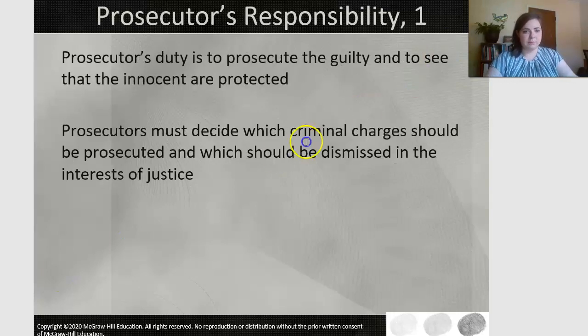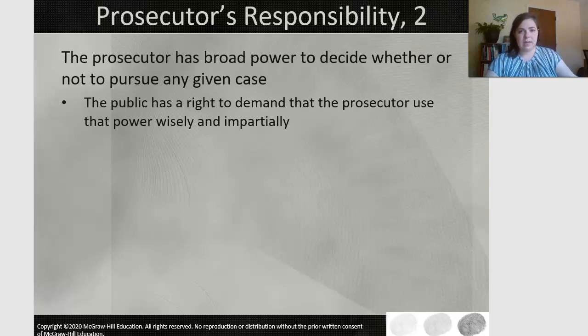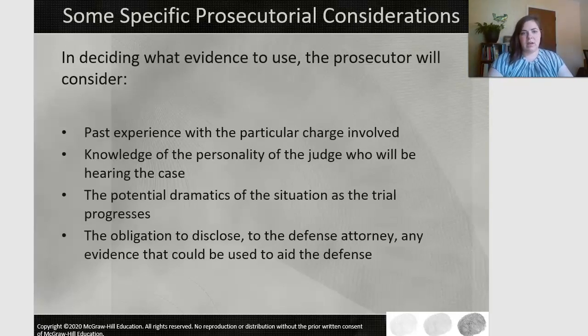The prosecutor, meanwhile, has a duty to prosecute the guilty and see that the innocent are protected. They get to decide what criminal charges should be prosecuted and what should be dismissed. This is a really broad power that the prosecutor is invested with.